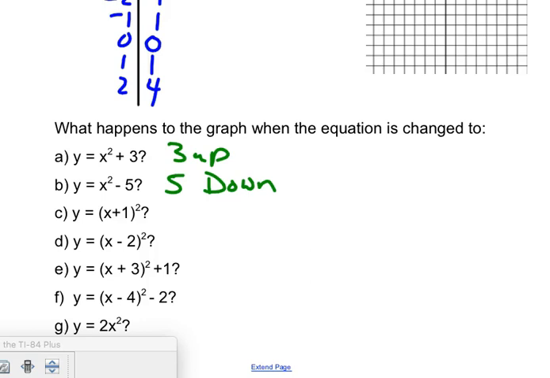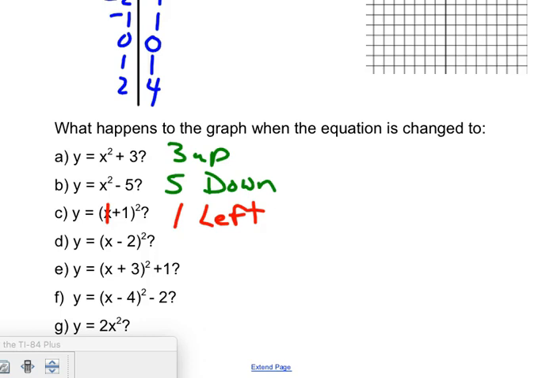Okay? Well, here's where it seems to get tricky. What happens if you put a +1 in the parentheses? Notice there's a square on the outside. Well, that +1, I'm telling you, actually means you're going to go 1 left. Now, can we make sense of that? Let's see. What happens if I put in x is 1?